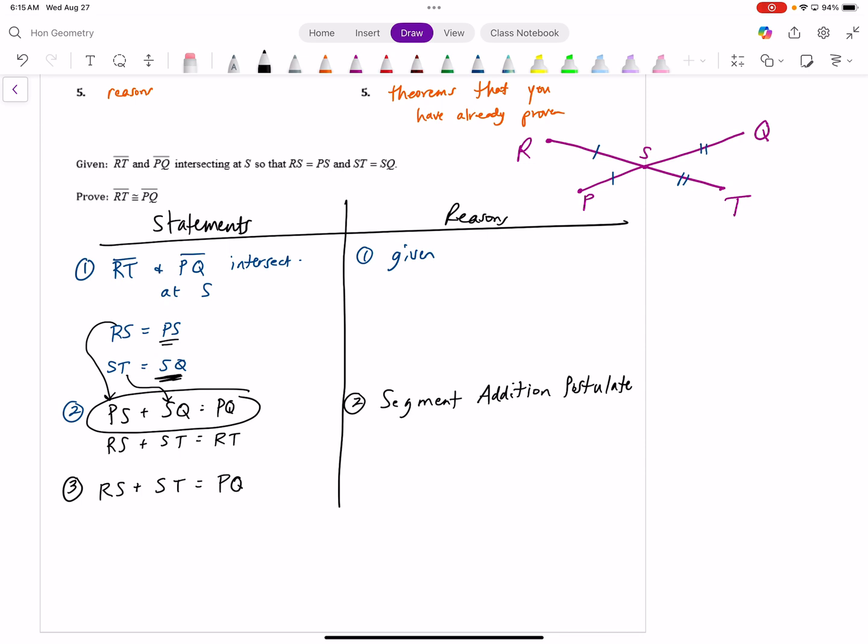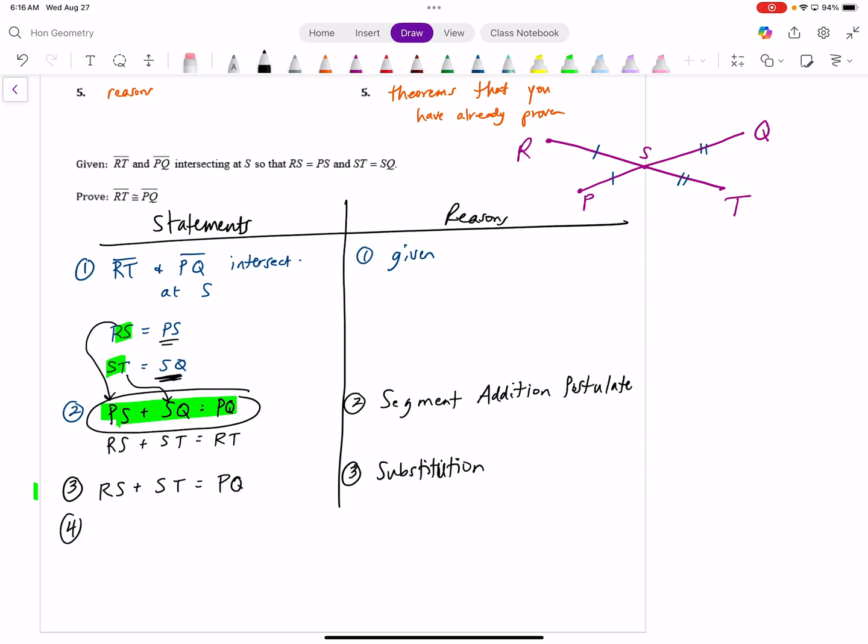Okay, so I was taking this one, substituting these values into it, and getting that. So that was just a substitution. Substitution. There we go. And usually we just put substitution.